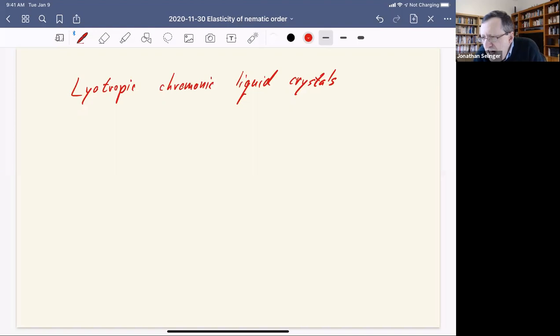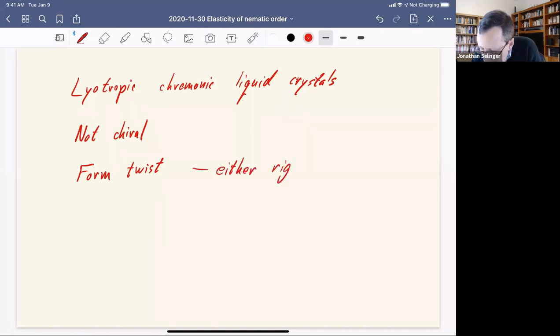That is, they can go into a twisted configuration even though they are not chiral. Okay, so I should say they are not chiral, but there are some experiments in which they form a twist, which can be either right or left-handed.